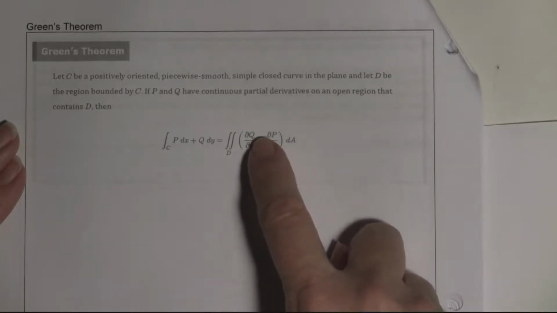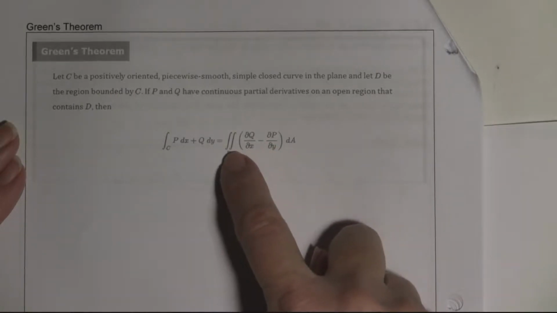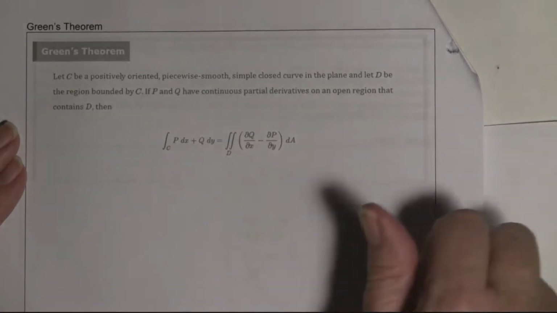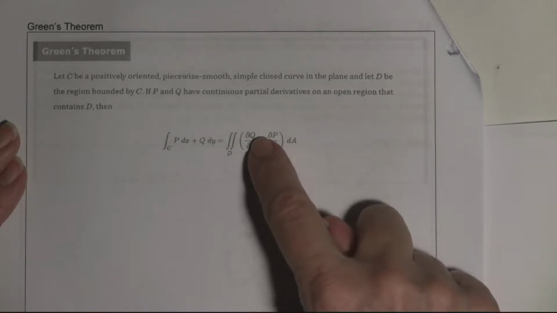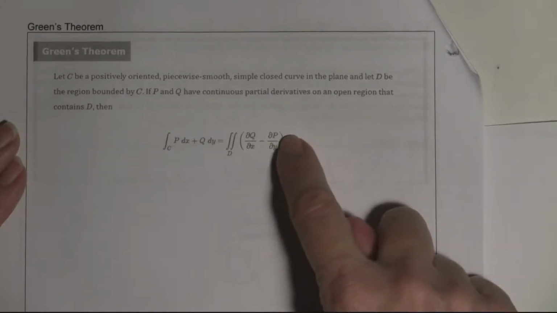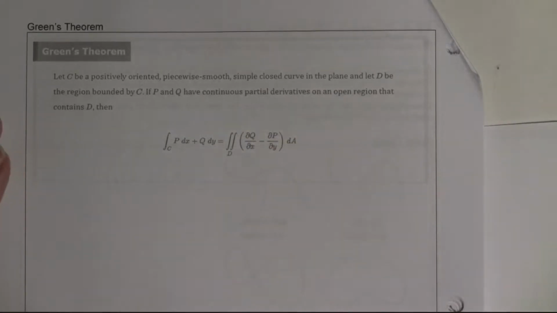We found a lot of double integrals in the previous chapter. So this is the partial of Q with respect to x minus the partial of P with respect to y.